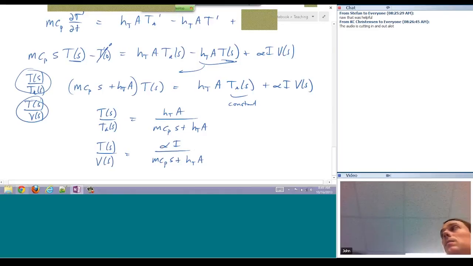What does that mean? It has the same dynamics whether you have an ambient air change or the voltage change. It's going to get to the steady state, affected by either one. It also means you can analyze stability for one and then do the same for the other. Okay, so there you have your two transfer functions.